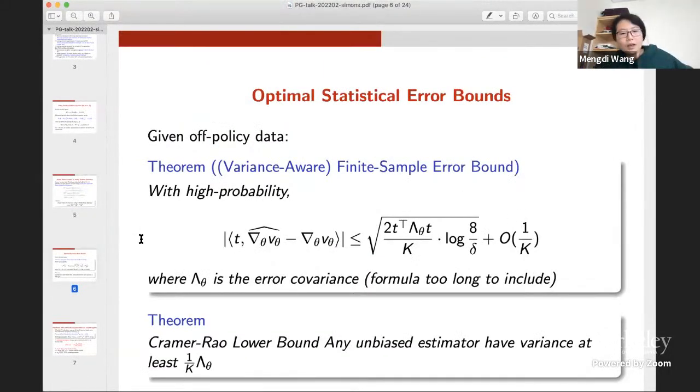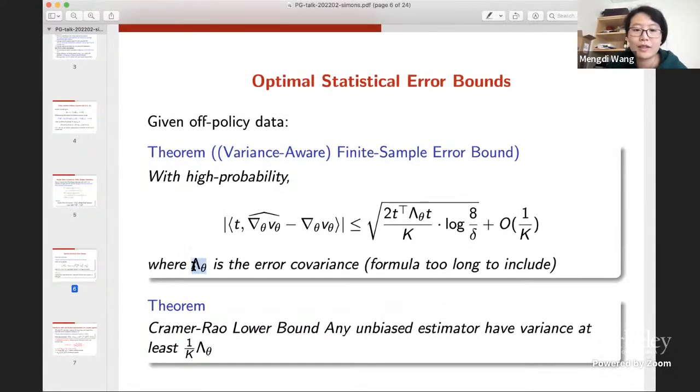Okay, so we analyze the statistical error bounds for this policy gradient estimator. Notice that our data can very easily be off policy, and there could be significant distribution shift. We're able to show that the estimation error has a finite high probability error bound, which is largely dominated by a covariance term, which we call lambda theta. This covariance matrix is too big, so I didn't include it in the slides.